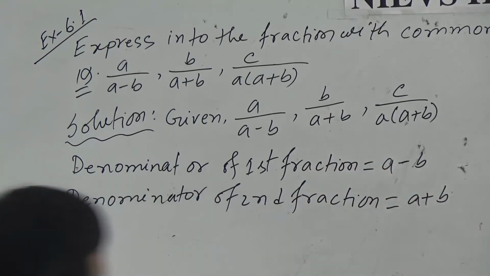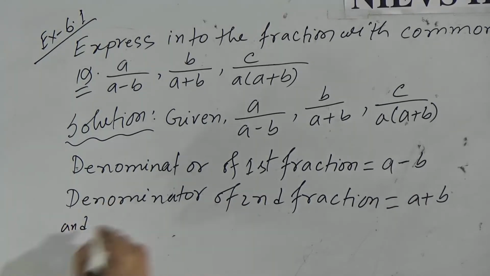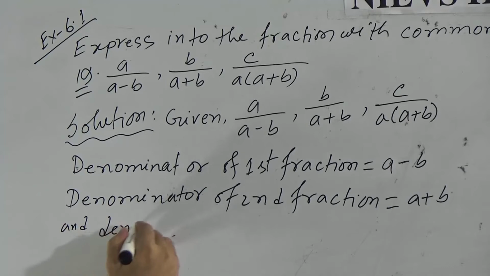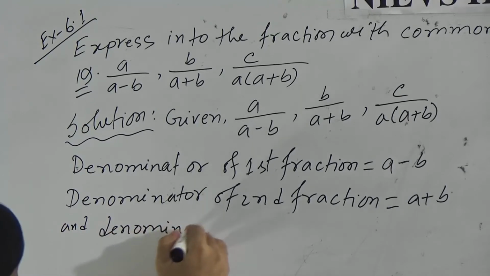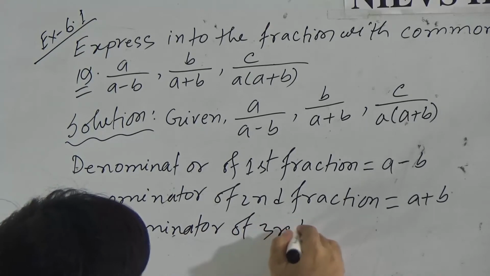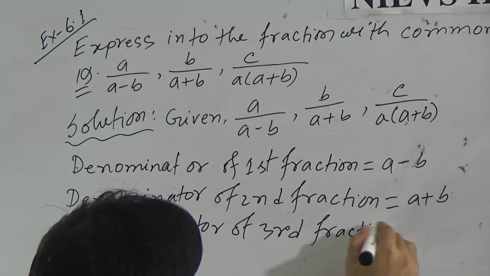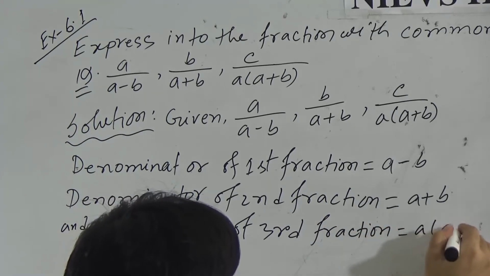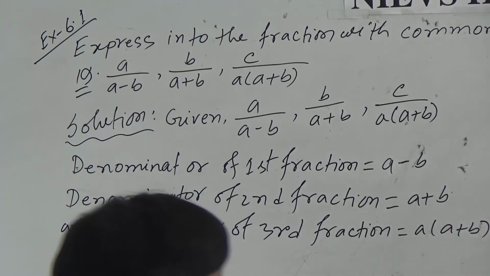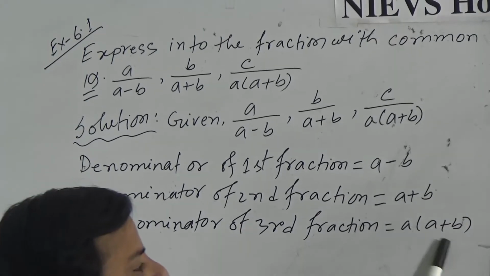So we can factorize more. And the denominator of the third fraction is a into a plus b. This is also given in factorized form.